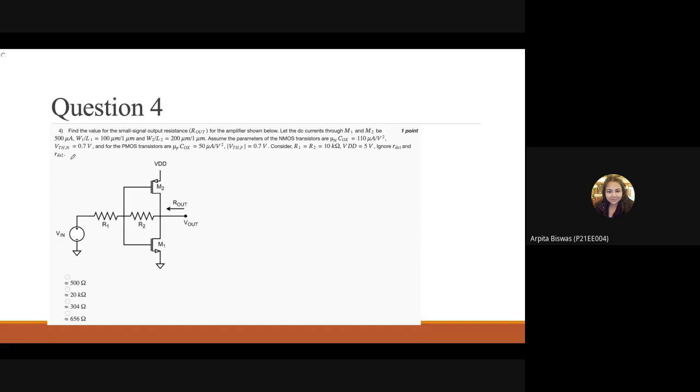Assume the parameters of the NMOS transistors are given, and for the PMOS transistor, mu p, Cox, and VTHP are given. Consider R1 equal to R2 equal to 10 kilo ohm, VDD equal to 5 volt, and ignore RDS1 and RDS2. Can you calculate it? At least try, then I will solve. From the small signal model, you have to calculate it.